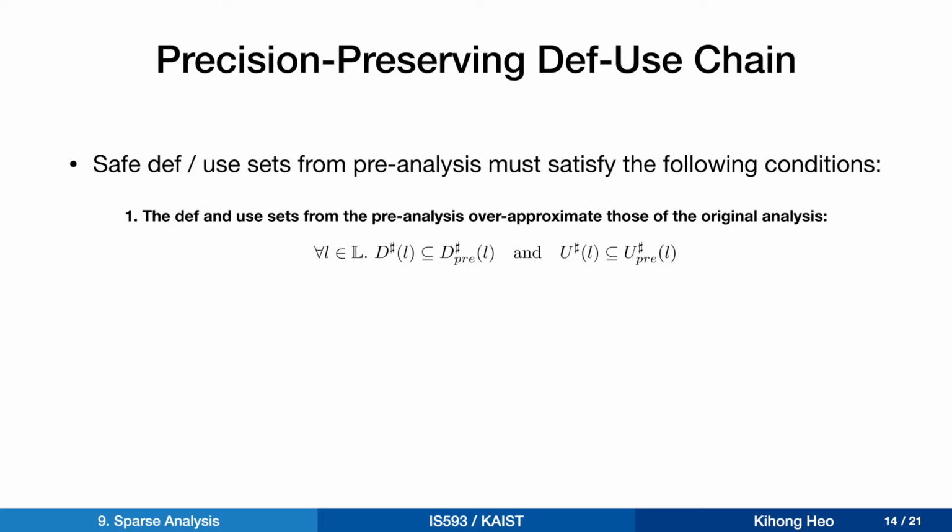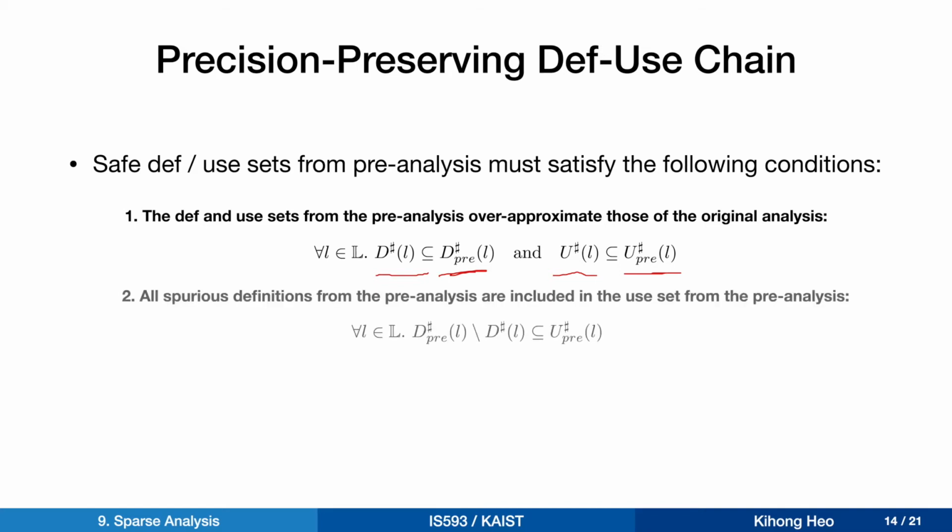The approximated def and use sets by the pre-analysis must be over-approximations of those of the original ones. It's somewhat trivial and intuitive, right? The def set by the pre-analysis and the use set by the pre-analysis must subsume the ideal ones, must be over-approximations.